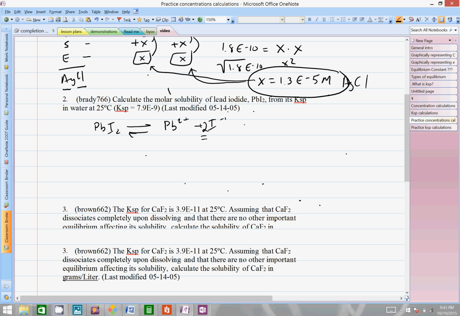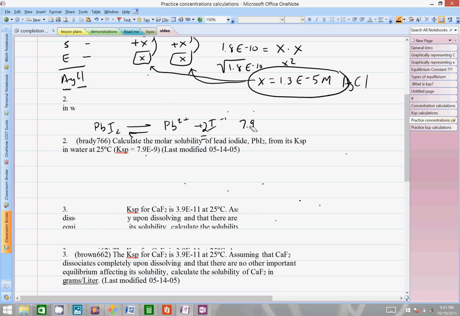It means it's going to add one more step with my equilibrium expression. My Ksp, which is 7.9. Well, if they ask you to write the equilibrium expression, then you can just leave it as K there. You don't have to put the value in.